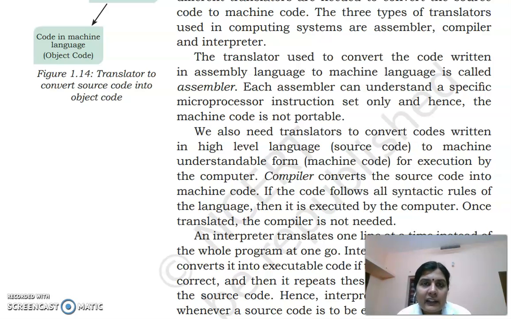Suppose we have written programs in assembly language. The computer cannot understand assembly language, so an assembler will convert this assembly language into machine language. So an assembler is software used to convert assembly language to machine language.